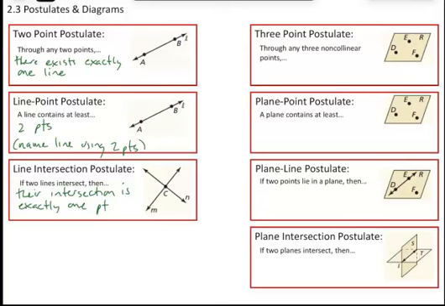The 3-point postulate, as you can see right here, is that through any 3 non-collinear points, there exists exactly 1 plane. And thus we name the plane using 3 non-collinear points.